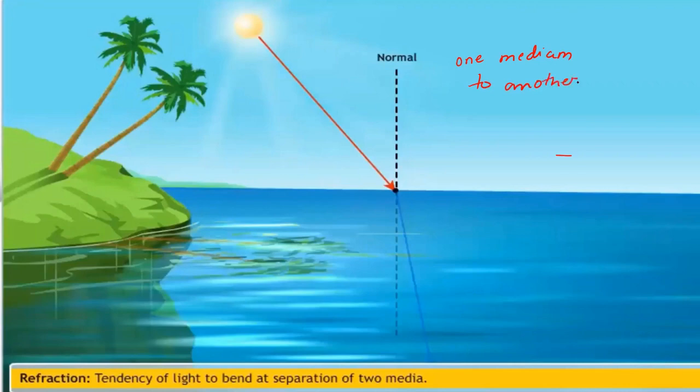Till now, during reflection, we were only dealing with one type of medium: the ray of light is passing in air, bouncing on the spherical mirror, and getting reflected back. This entire phenomenon was happening only in one medium. Now we are going one step ahead. We are going to study how light behaves when it travels from one medium to another.